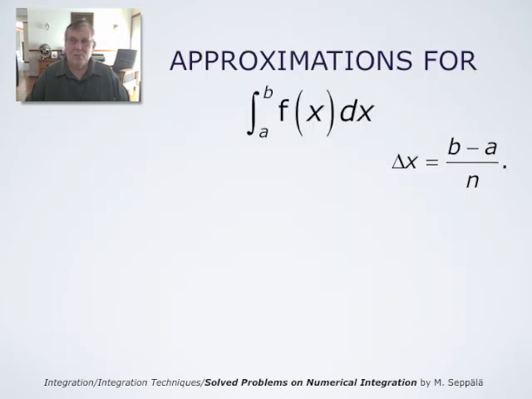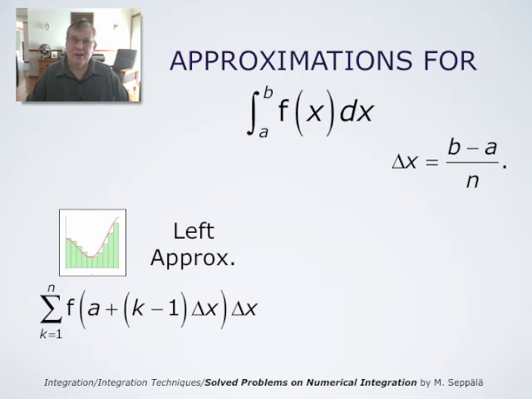The first approximation for the value of the definite integral from a to b, f of x dx, is the left approximation. That is where we choose the tag points tk to be the left endpoints of the corresponding subinterval. So tk is a plus k minus 1 times delta of x, and the left approximation is summation k from 1 to n, f evaluated at a plus k minus 1 times delta of x times delta of x.